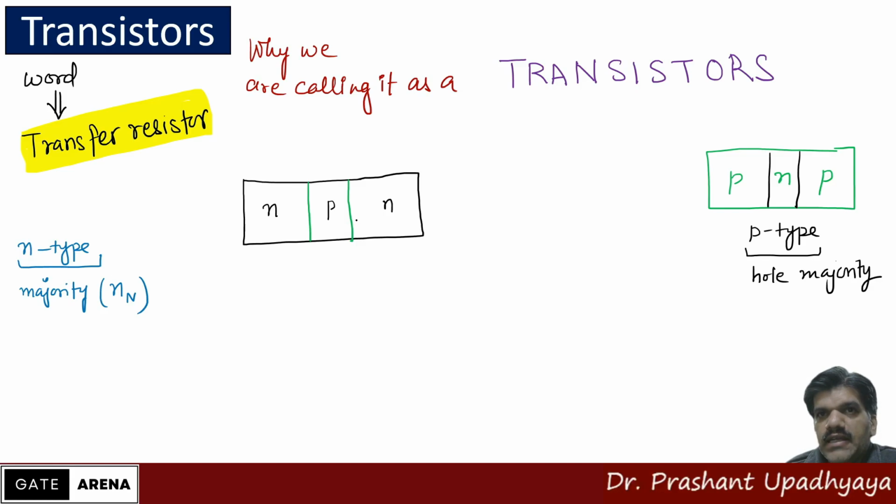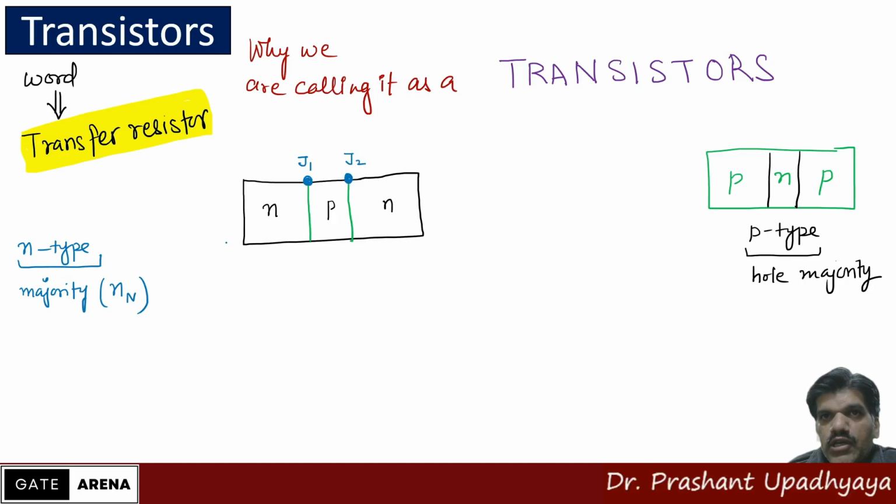Whenever we are talking about this NPN transistor, the N and P are going to create a junction. So it will create a junction here, which I am representing as J1, and it will create another junction here, which I am using as J2.